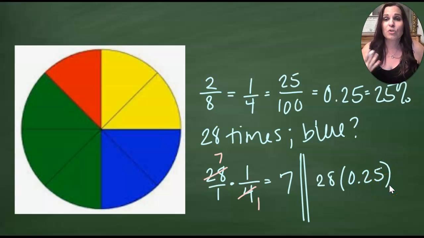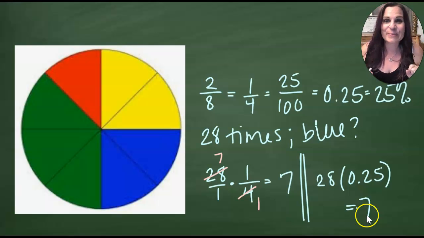Decimal form. So 28 times 0.25, still 7. But for those of you that want to deal with fractions as little as possible, there's your method. So 2 out of 8 spaces are blue. We reduce that to 1/4. You can do 1 divided by 4 on the calculator to get 0.25, and we multiply that by the number of trials to predict the outcome before we do the actual experiment.